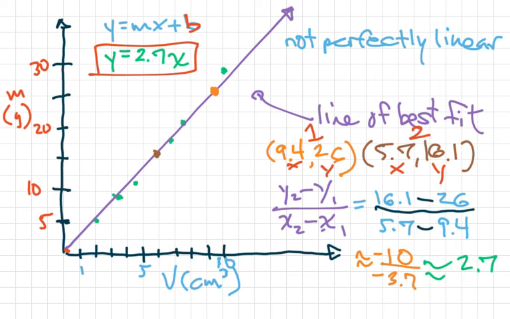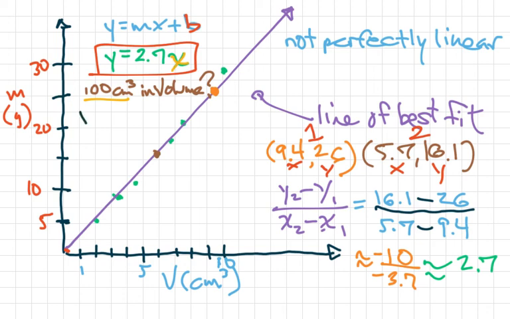Now, part two is usually that they're going to ask you to predict. So even though we didn't actually measure this, the prediction is, what if I had something with a volume of 100 centimeters cubed? What would that be in its mass? Again, we're not going to draw this out. We'll just use our equation where our x, our input, is 100 centimeters cubed.